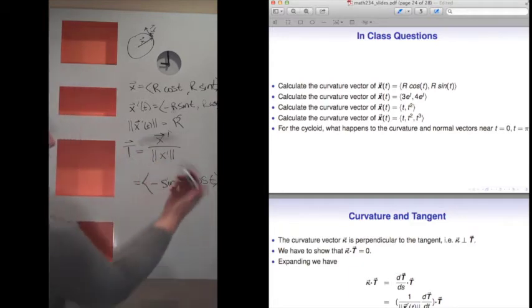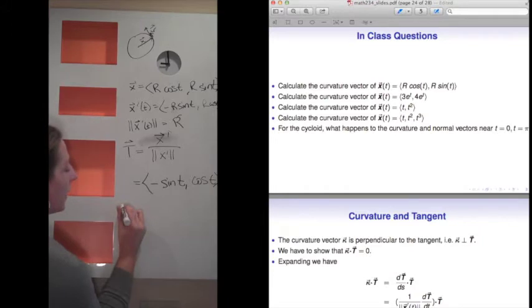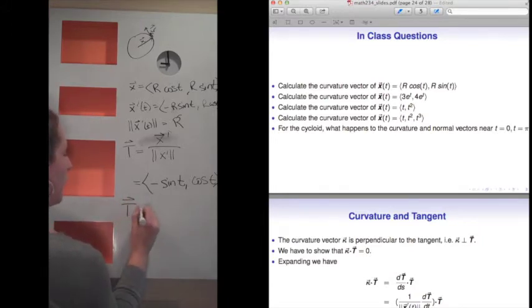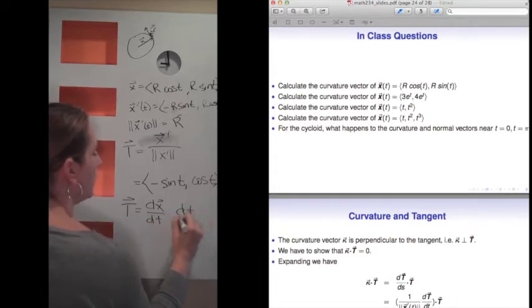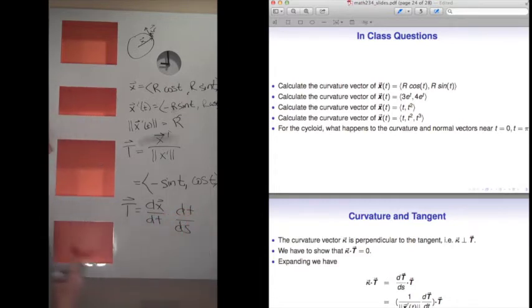Now I know that this is dx dt over ds. And do you see what happened when I did this normalization?